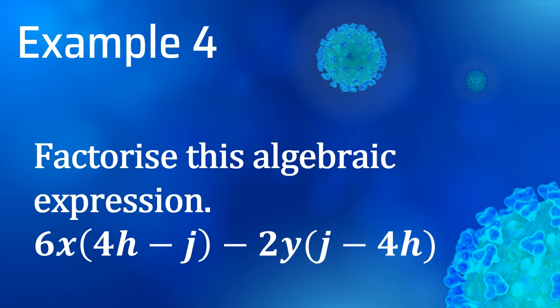Now example 4, still the same. Look at the question first, okay? To identify which step you must do first. So in the brackets, h minus j, the second group j minus 4h. They have the similar variable, just the sign is opposite.